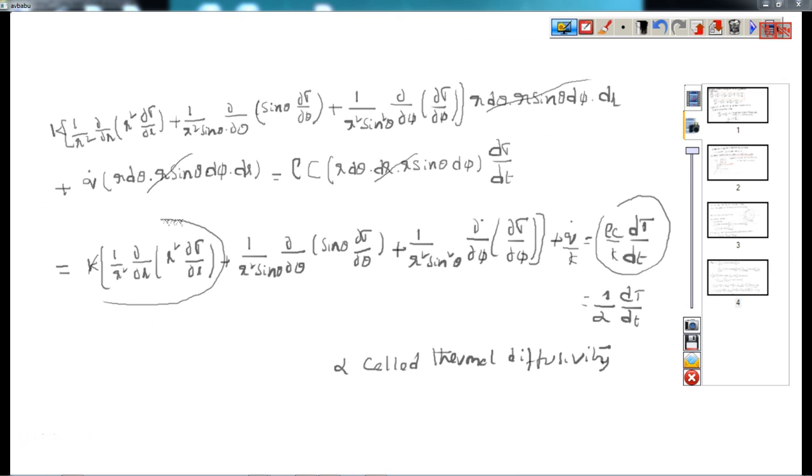This equation I'll try to write. I can use this: it is u and v, d by dx of uv can be written as u dv plus v du.